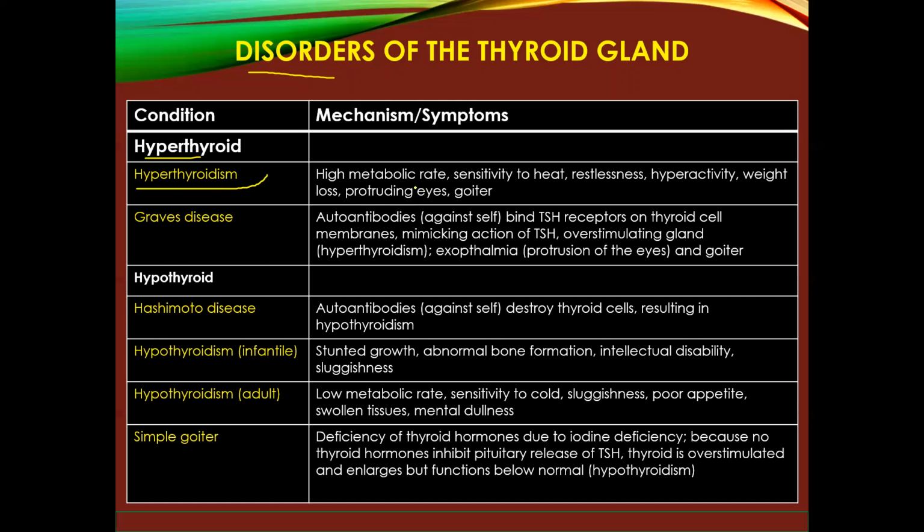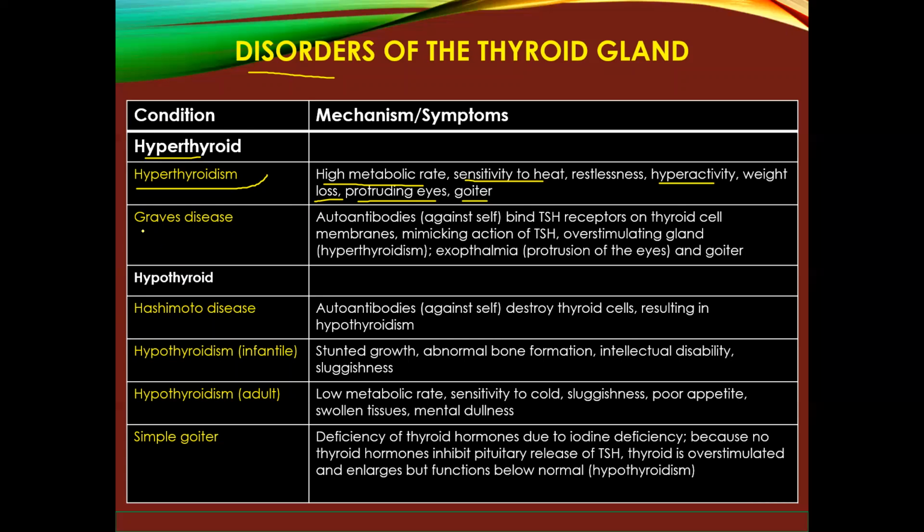The symptoms and signs will be high metabolic rate, sensitivity to heat, hyperactivity, being skinny, and protruding eyes, like fish eyes. Sometimes there will be a bigger or swollen neck, called a goiter. So this is hyperthyroidism.